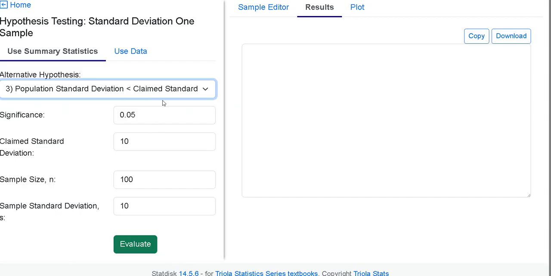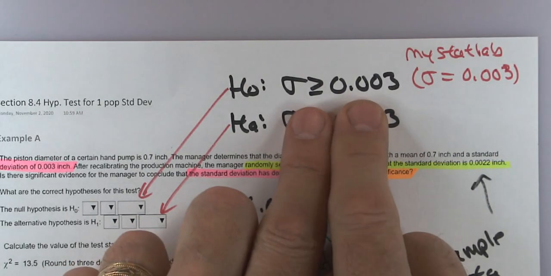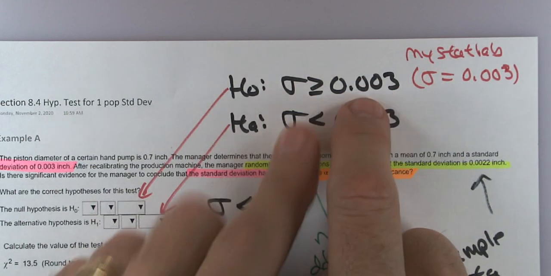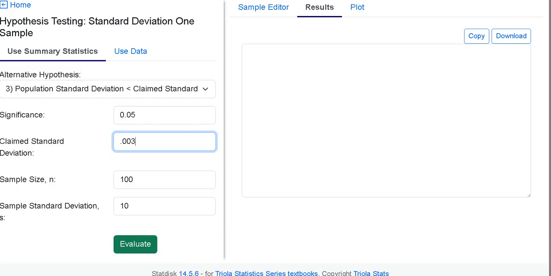Our population standard deviation is less than some claimed standard deviation, and that claimed standard deviation, anyone? 0.003. That claimed standard deviation comes from your null hypothesis. This is what we're assuming is true. That's how these things start, you're assuming that that's true. So that's where your claimed value comes from.